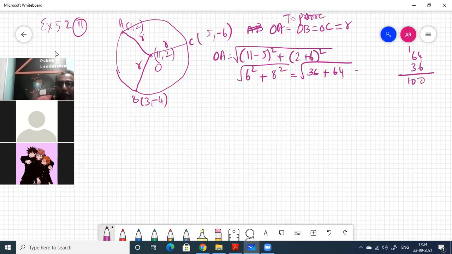That is equal to root of 100, that is root of 10 squared, equal to 10. OA is equal to 10.